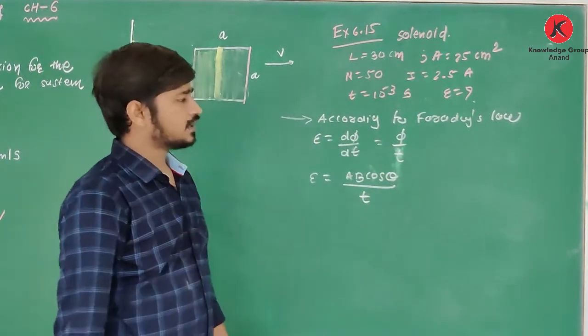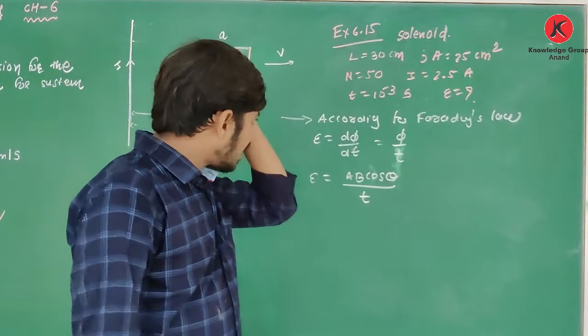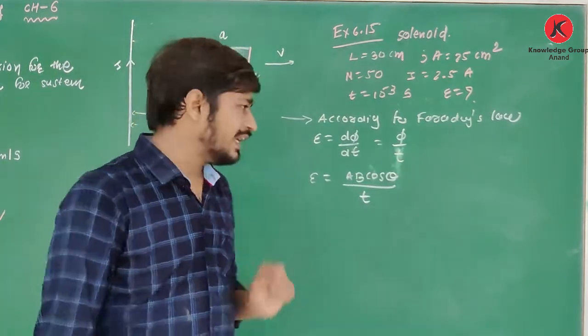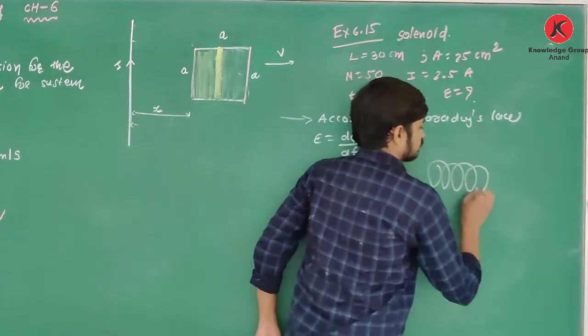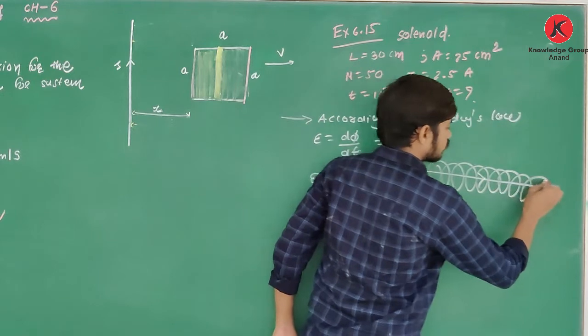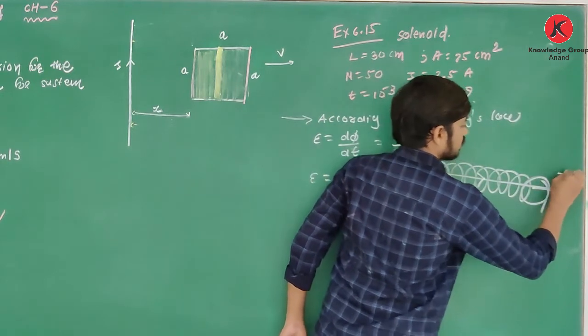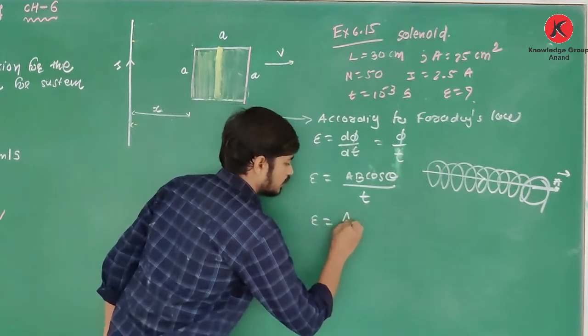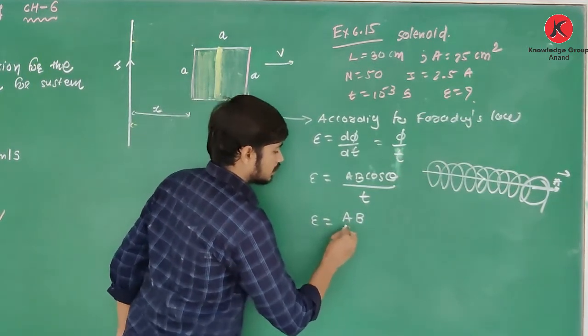You have to find the EMF induced in the coil itself. The magnetic field is produced like this and the cross-sectional area is like this. So B and A are in the same direction. So here I can say E is equal to A B upon t.